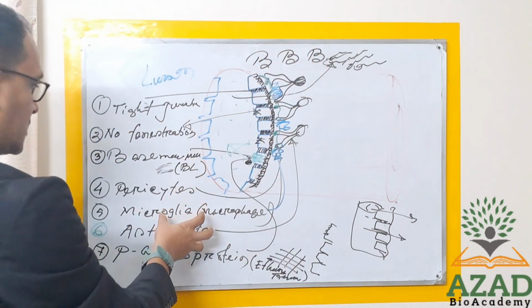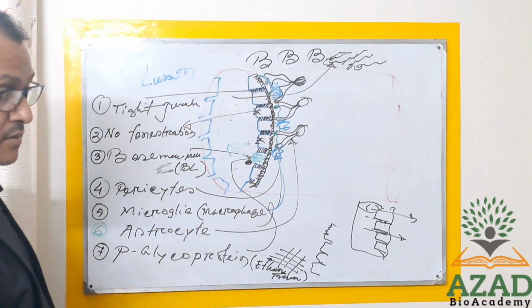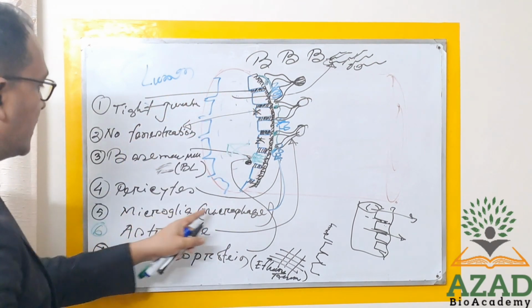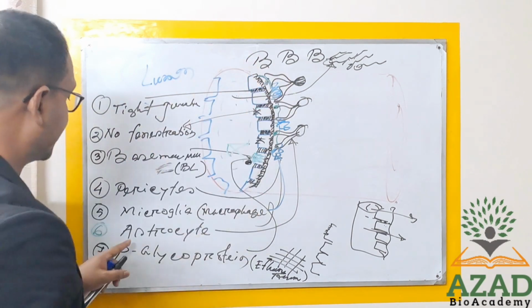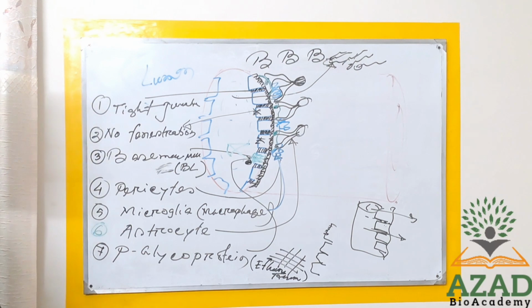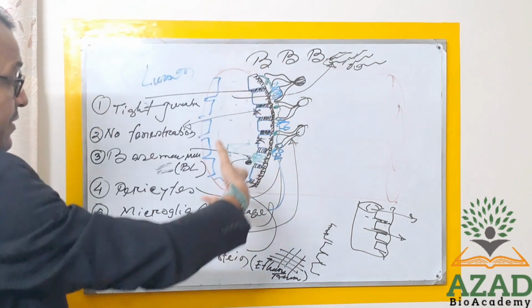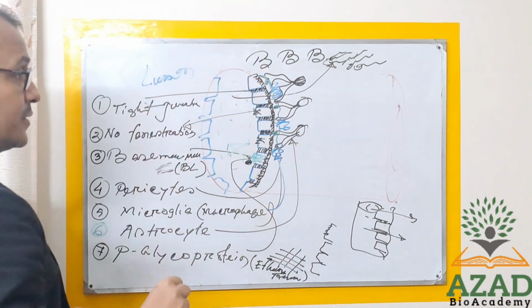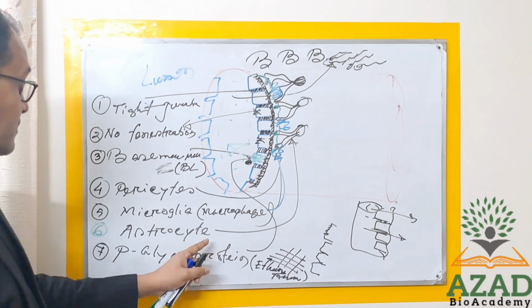And the macrophage, which is called microglia, especially for the brain and central nervous system, is also considered a blood-brain barrier component. Astrocyte is one of the major components, externally wrapping the blood capillaries, and it is a strong component of the blood-brain barrier.